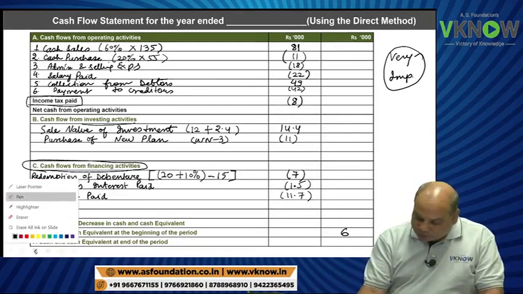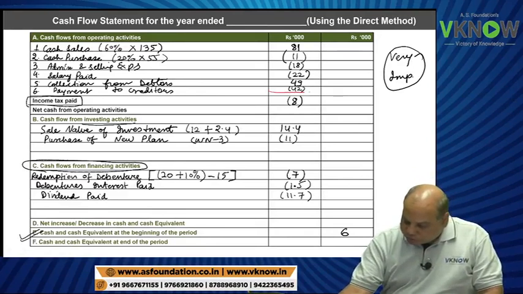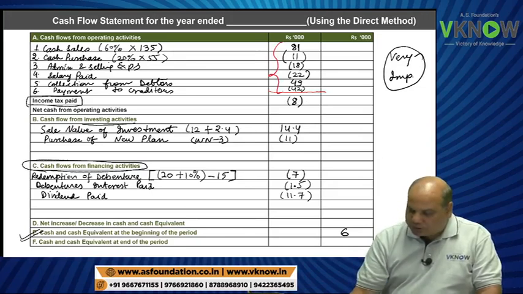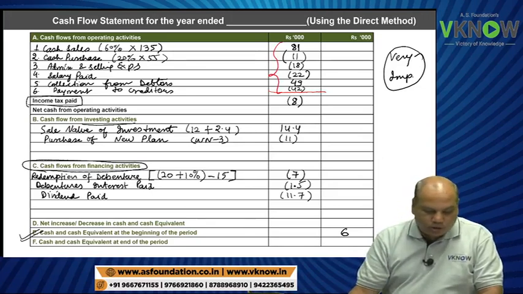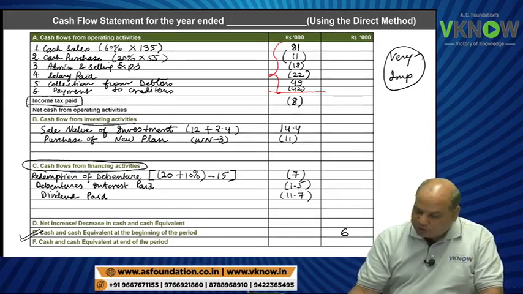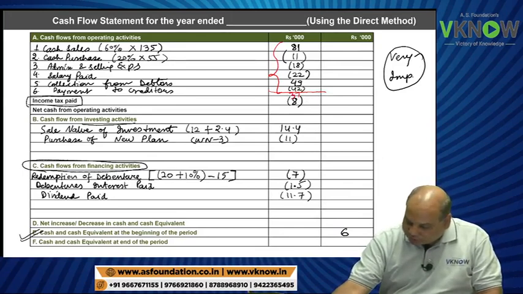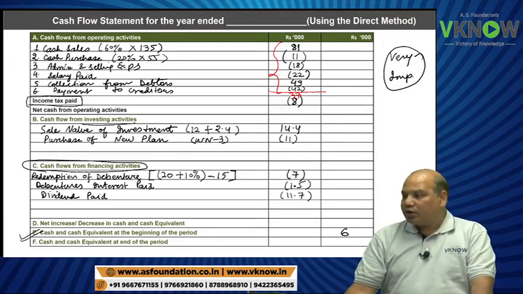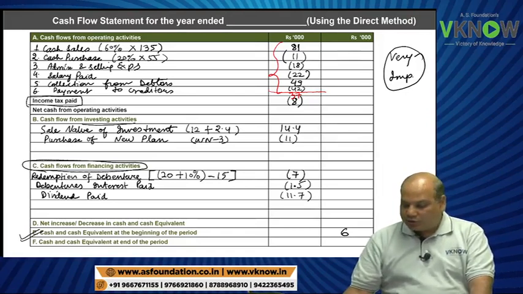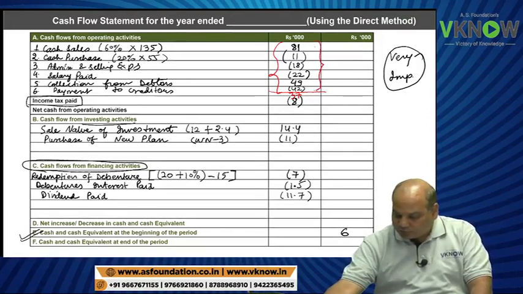So now what we will do, we will close this question. First you tell me cash flow from operation. Cash generated from operation 37, total of these 6 items.